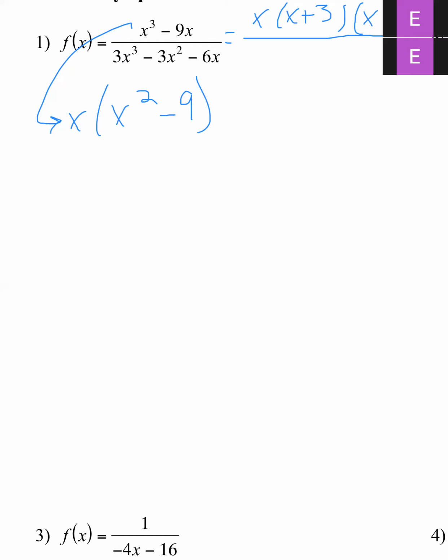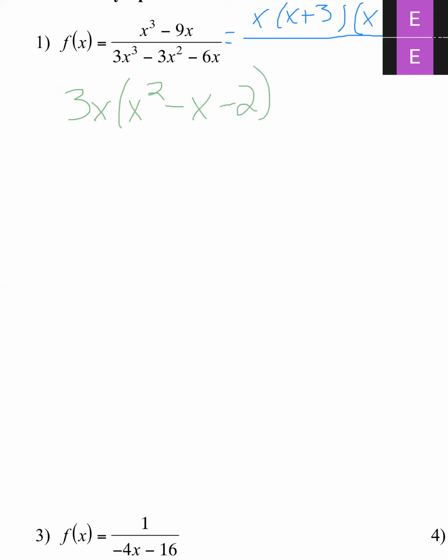Now let's take a look at the denominator. I'll switch colors for the denominator. Downstairs I could take out a 3x, and I'm left with x squared minus x minus 2. That's going to factor again into x minus 2, x plus 1.